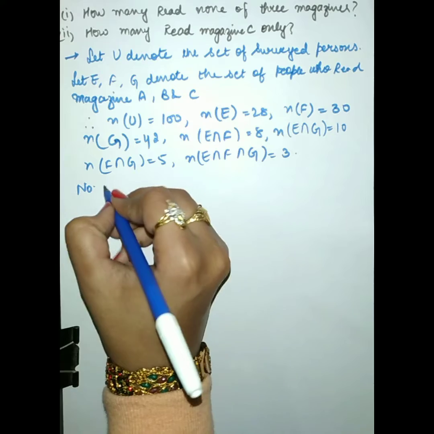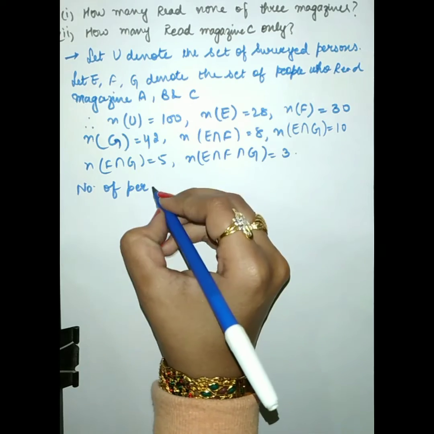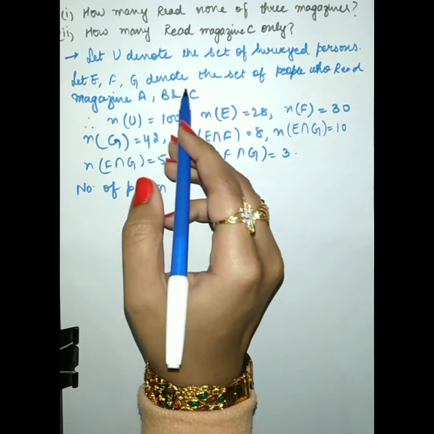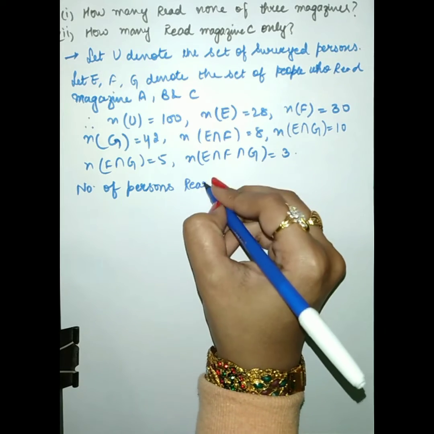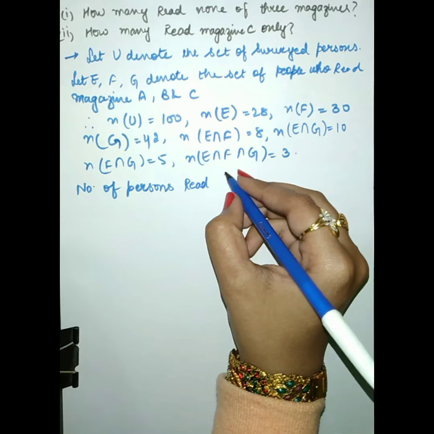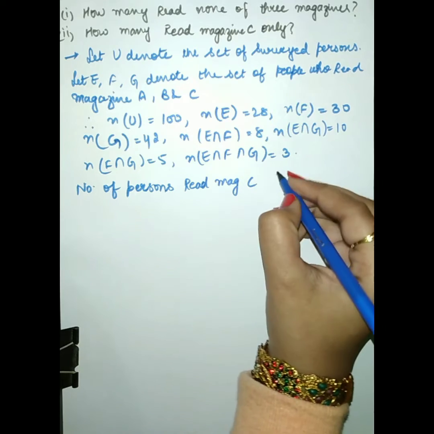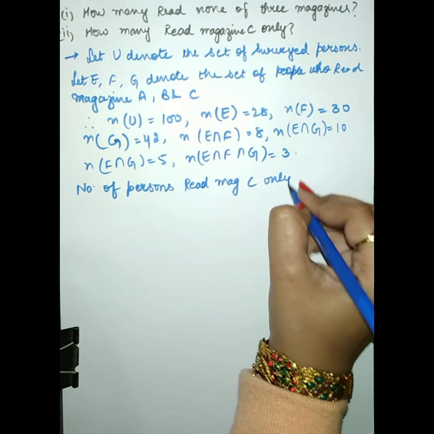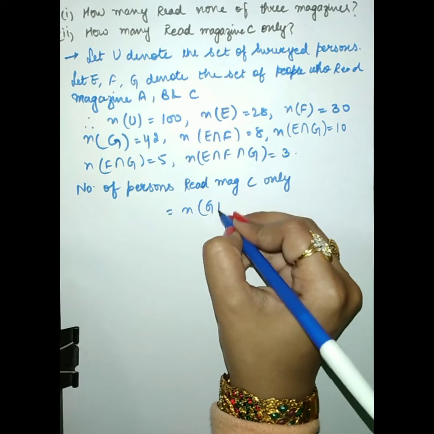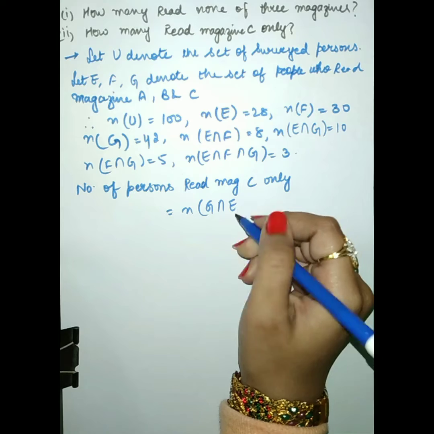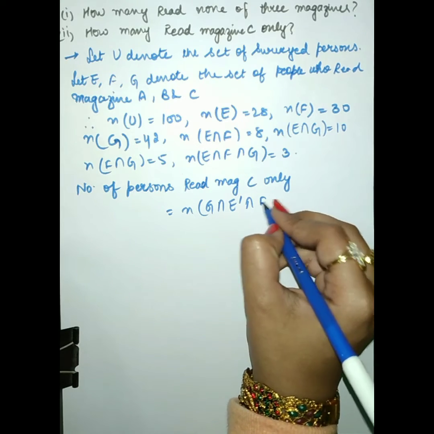Now, firstly we will find the number of persons reading only magazine C, which will be equal to n(G intersection E complement intersection F complement).